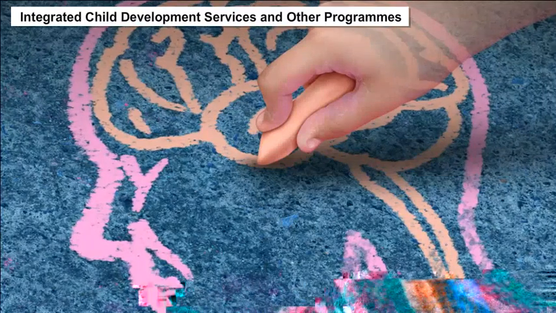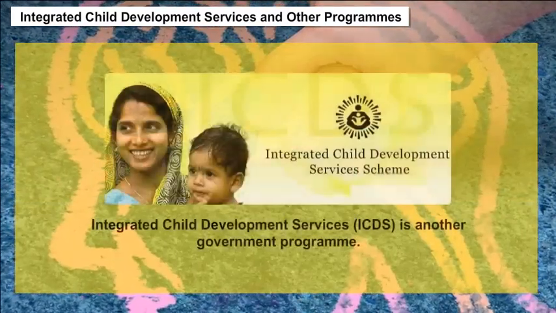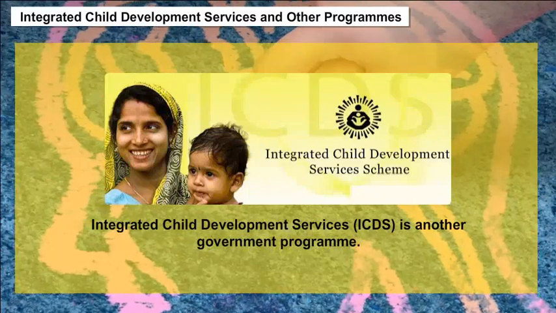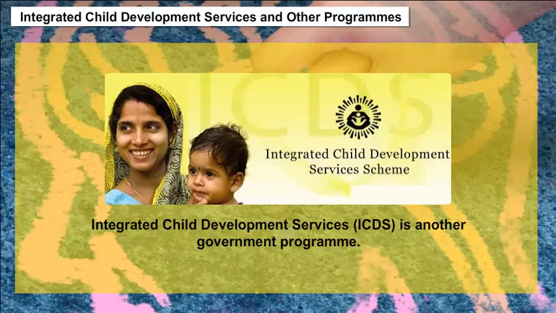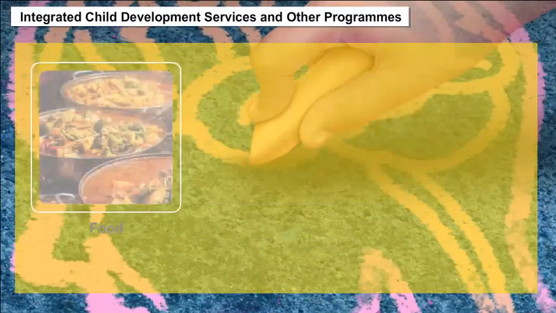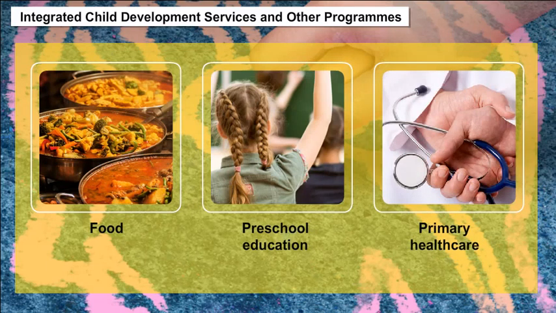Integrated Child Development Service, and other programs. Integrated Child Development Services, or ICDS, is another government program which provides food, preschool education, and primary health care to children under 6 years of age and their mothers.